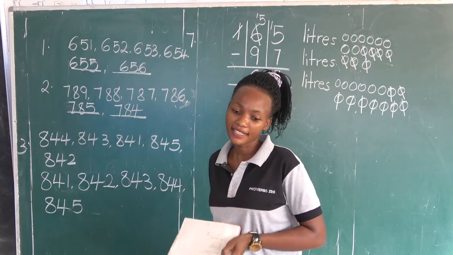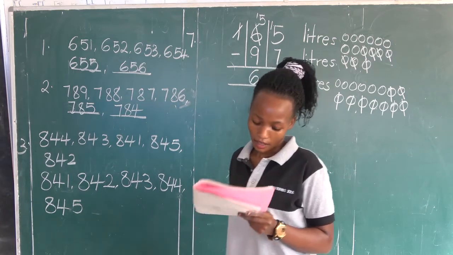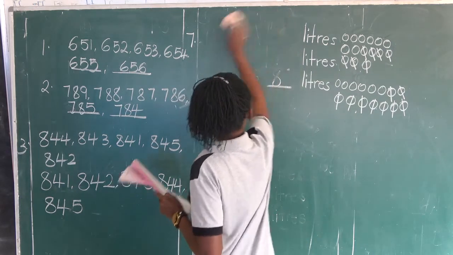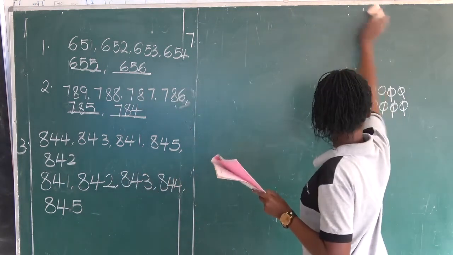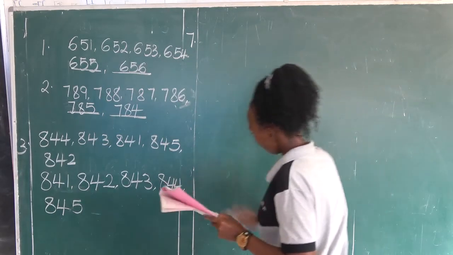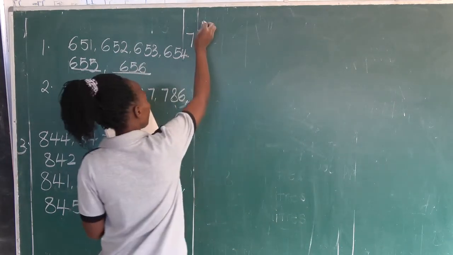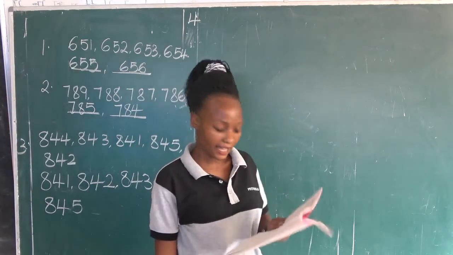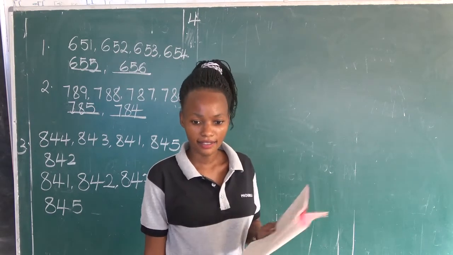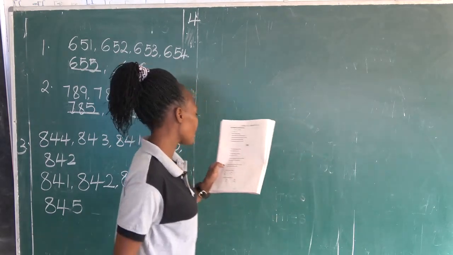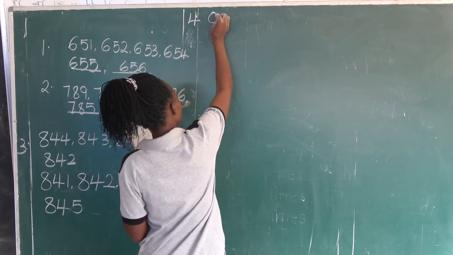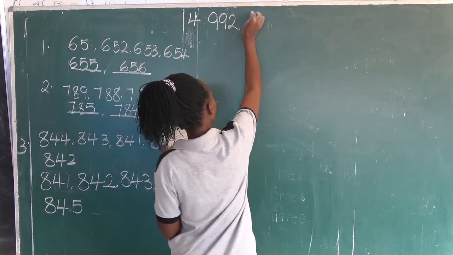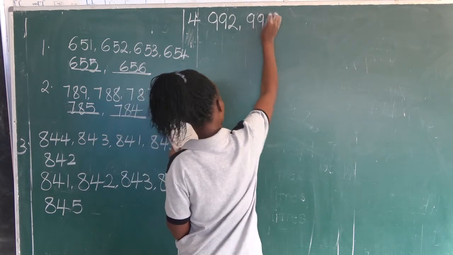Showing you on page 46. Page 46, number 4. Then on number 4, they've told us, write in order, starting with the largest. We have 992, 990.